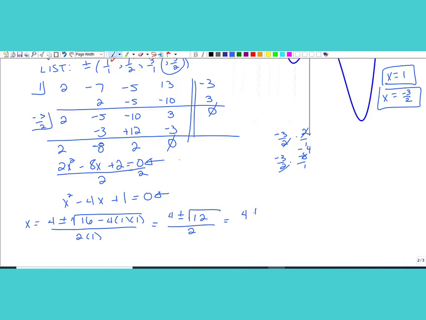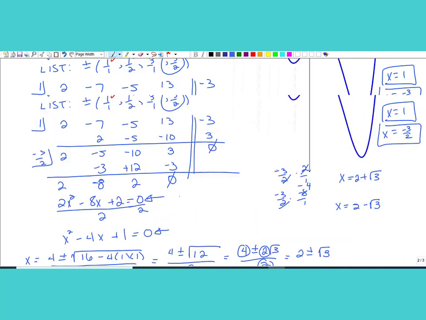So I have 4 plus or minus 2 square root of 3 over 2. So you want to reduce because all 3 are divisible by 2. So I have 2 plus or minus the square root of 3. So those are irrational roots. These cannot be expressed as the ratio of 2 integers. So I have x equals 2 plus the square root of 3, and x equals 2 minus the square root of 3.